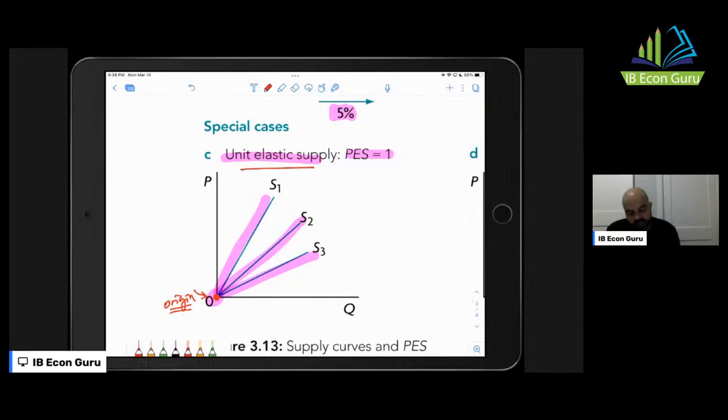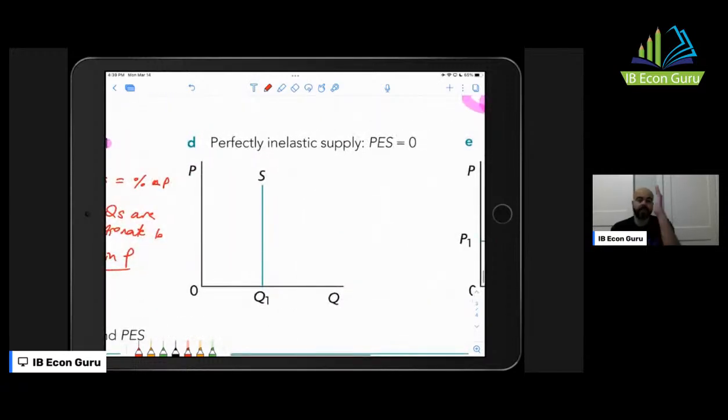Okay, this here, the percentage change in quantity supplied, is equal to the percentage change in price. Therefore, here we say that changes in quantity supplied are proportionate to changes in price.